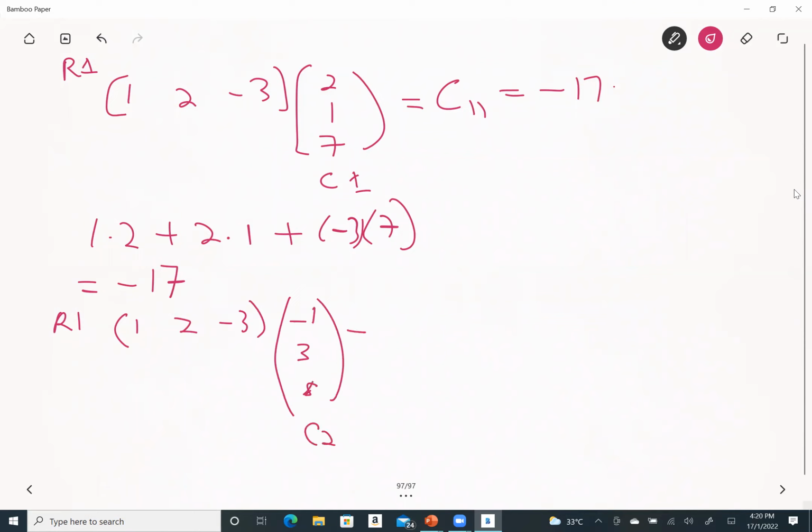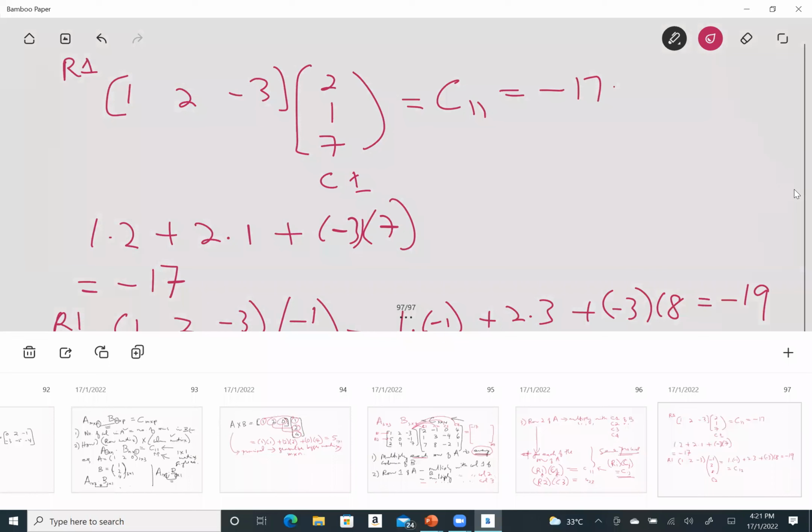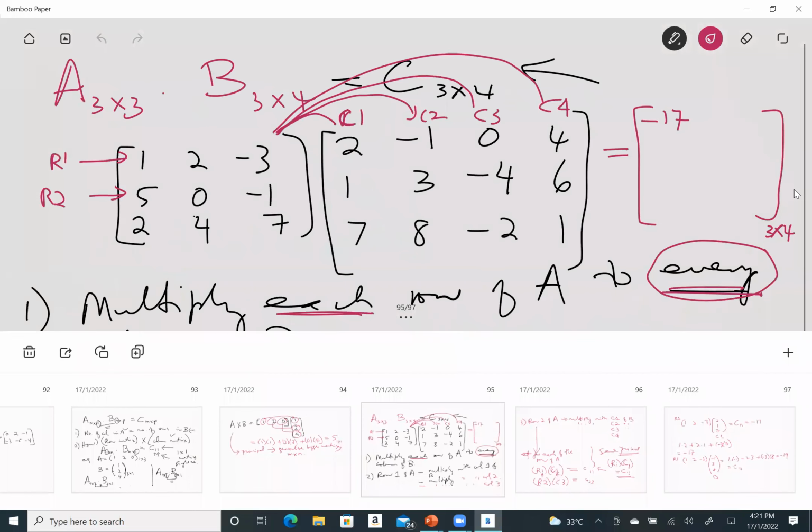So what is it equal to? 1 times -1 plus 2 times 3 plus -3 times 8 equals -19. And that will be the element in row 1, column 2 of C. So -1 plus 6, 5, 5 minus 24, -19. So we put it there. So that is -19.